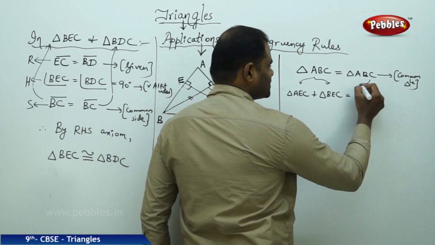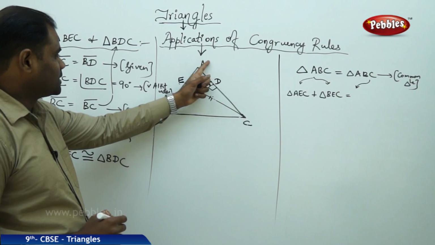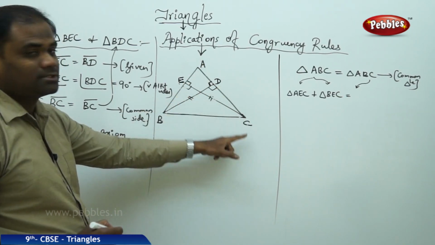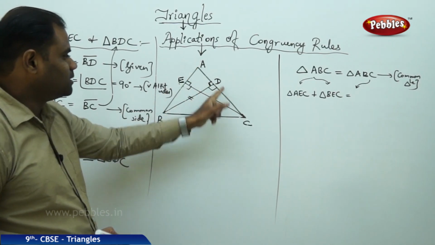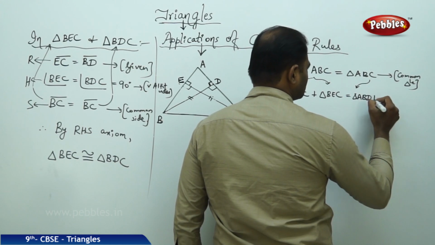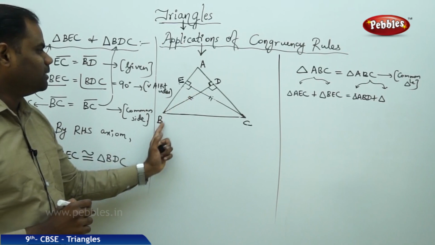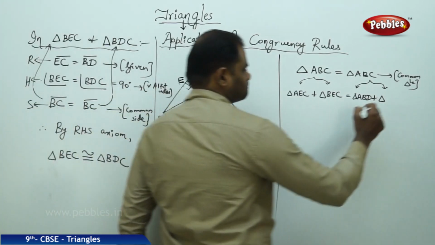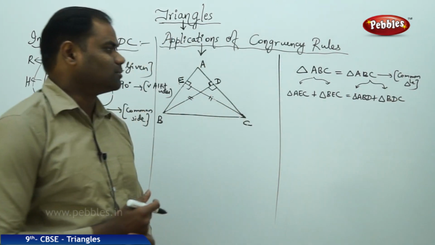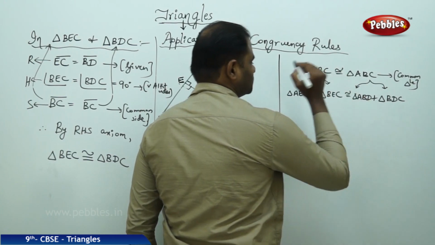Similarly, on the right hand side, my triangle ABC can also equally be split as ABD plus BDC, is how I split the two triangles, being congruent to each other.